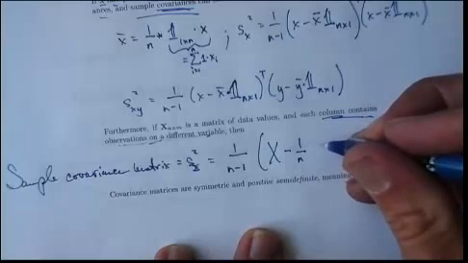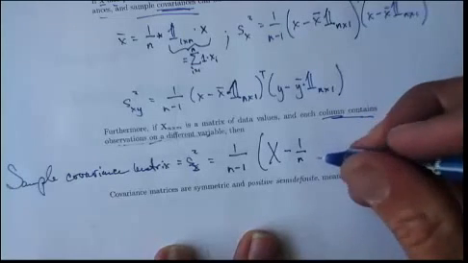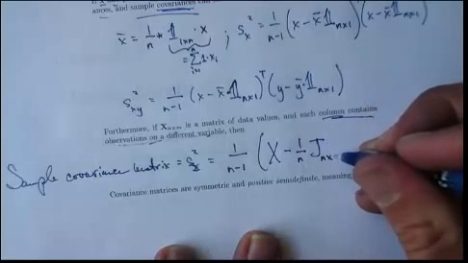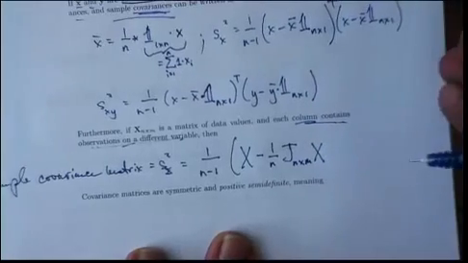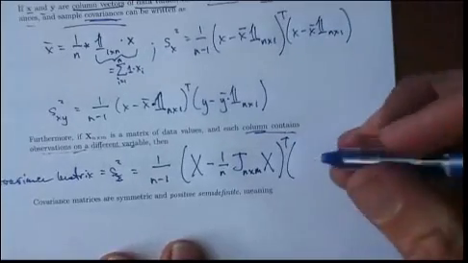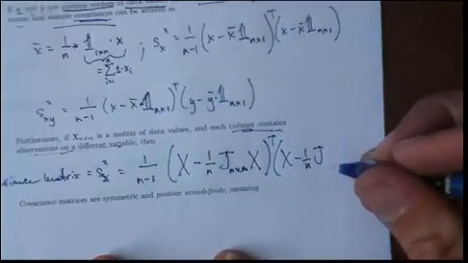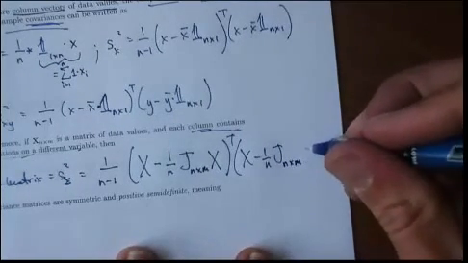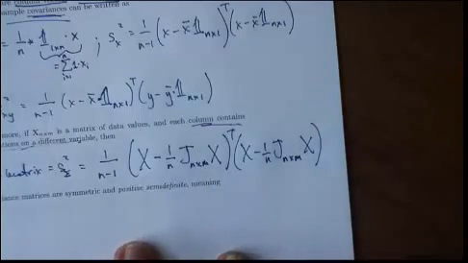I need to subtract off a column of the means for each column, so you could say J, an n by m matrix, times the data matrix X, transposed, and then times the same thing without the transpose. Remember, these J matrices are just matrices with 1s in them. I'll leave it to you to verify that that's indeed what it ought to be.